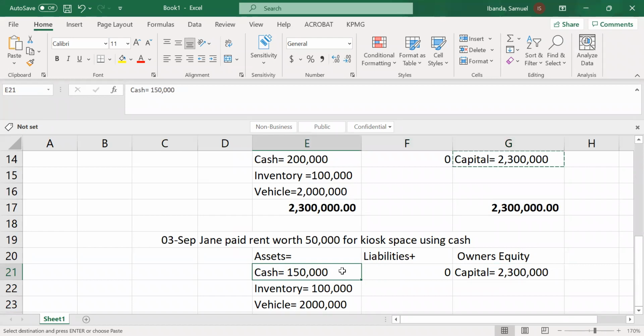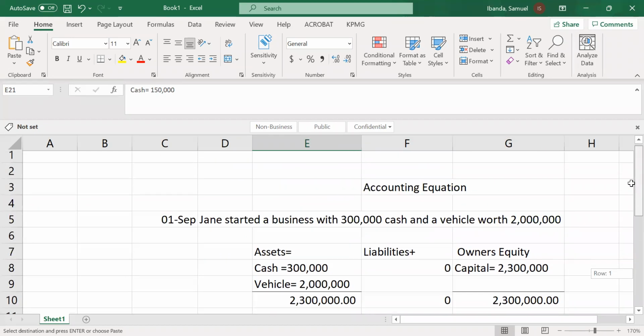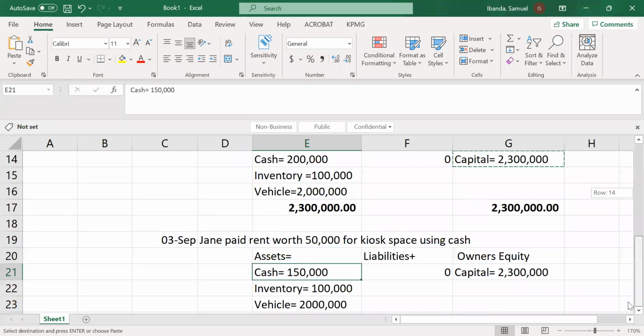Now, one of the things that we have to understand is that we have what we call elements of financial statements.